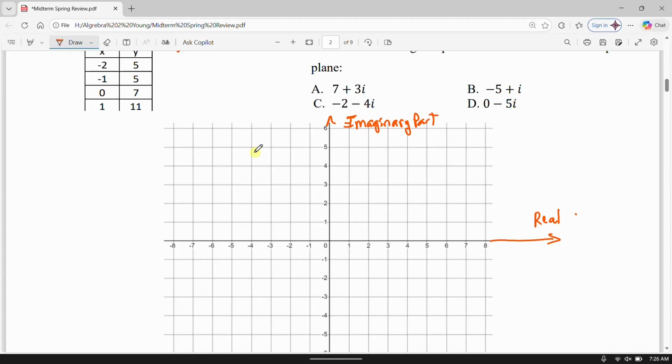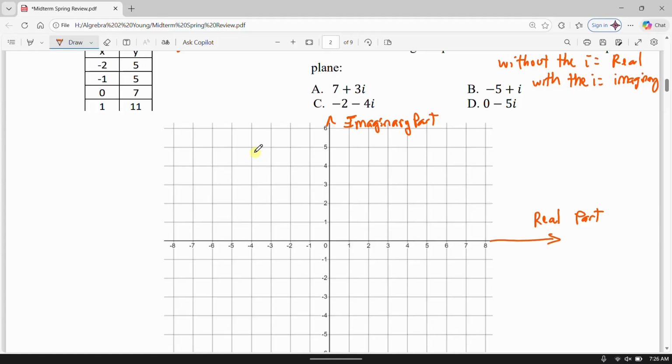Okay, the real part is over here. So anytime you have a complex number like this, the number without the i we call the real part. The one with the i we call the imaginary.